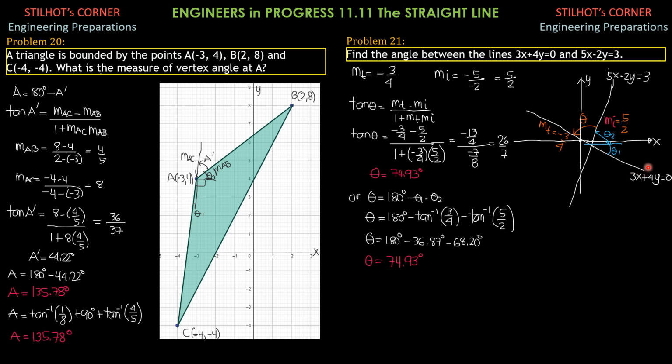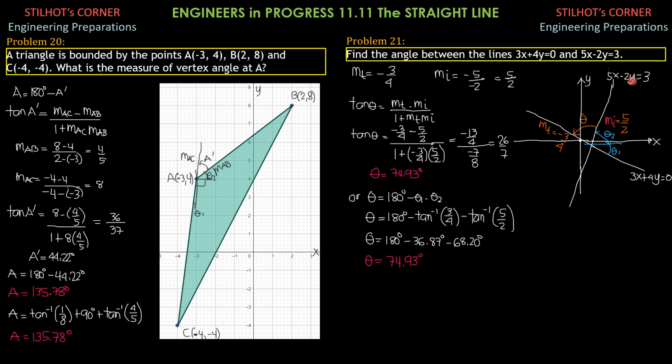While for the second line, 5x minus 2y equals 3. The x-intercept is 3/5, and the y-intercept is 3 over negative 2, or negative 1.5. So that's why this is the line 5x minus 2y equals 3.